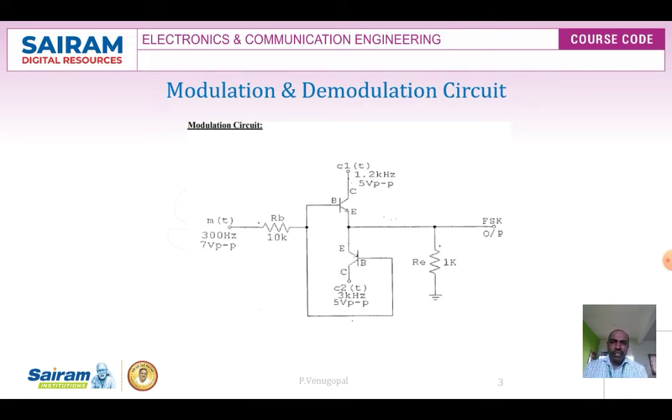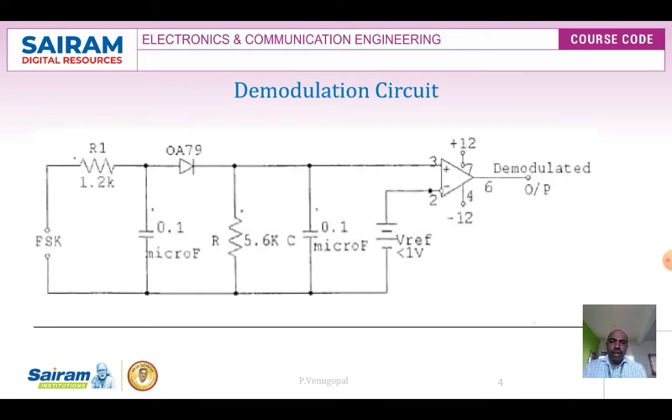When the message is 0, the NPN transistor is turned off and the PNP transistor is turned on. Then the frequency of carrier 2 is transmitted, which means C2 of t is transmitted during the binary 0. And these two signals are transmitted to produce the modulation output of the FSK circuit.